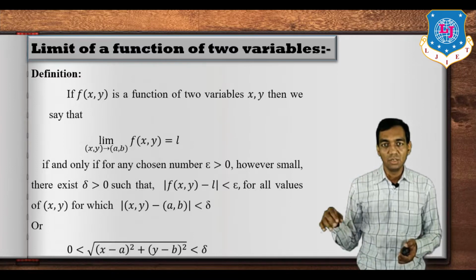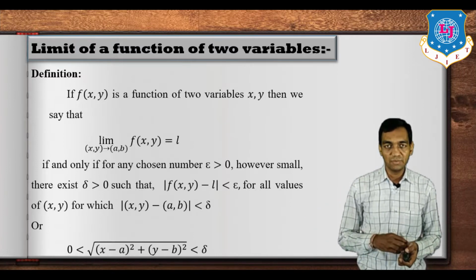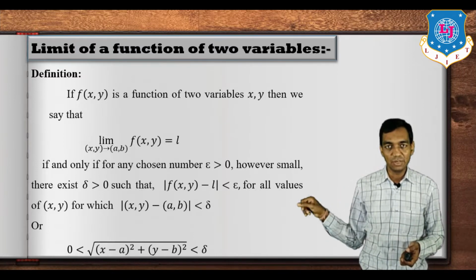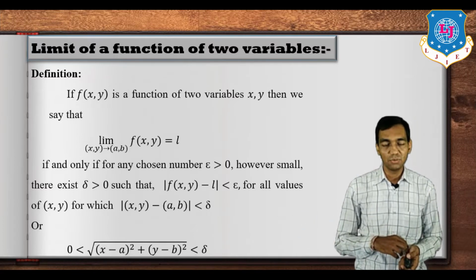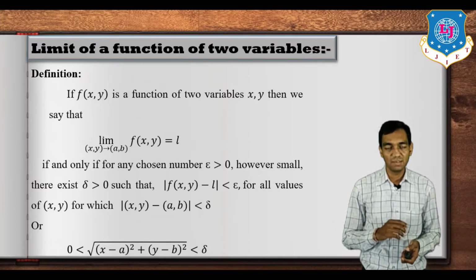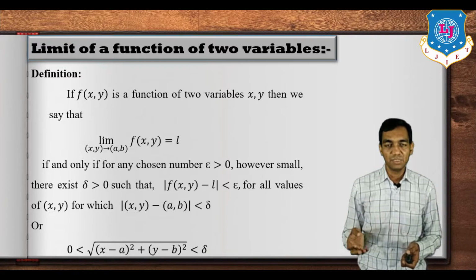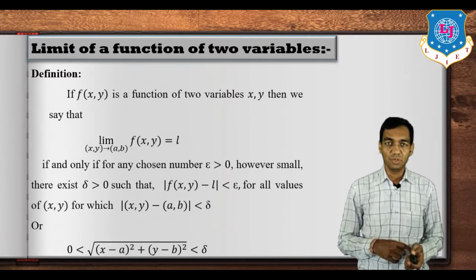You can write the same thing as 0 is less than under root of x minus a whole square plus y minus b whole square is less than delta. That means we are taking a deleted neighborhood.